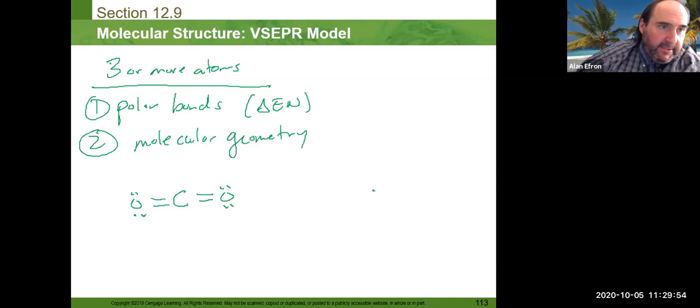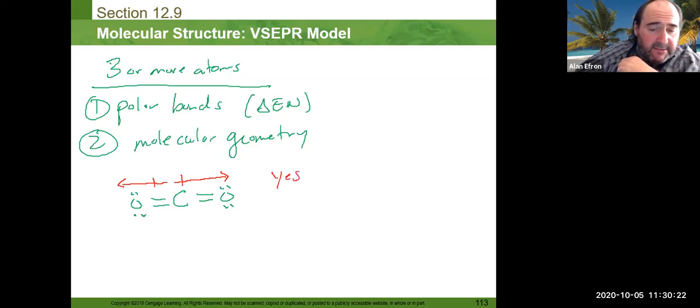You see carbon and oxygen are in the same period, but oxygen is further to the right, which would imply that oxygen should be more electronegative. And in fact, oxygen is more electronegative, so we would have a polar bond going between this one carbon and this one oxygen. And we'd also have one heading in the other direction between this carbon and oxygen. So the answer is yes, something like CO2 has polar bonds.